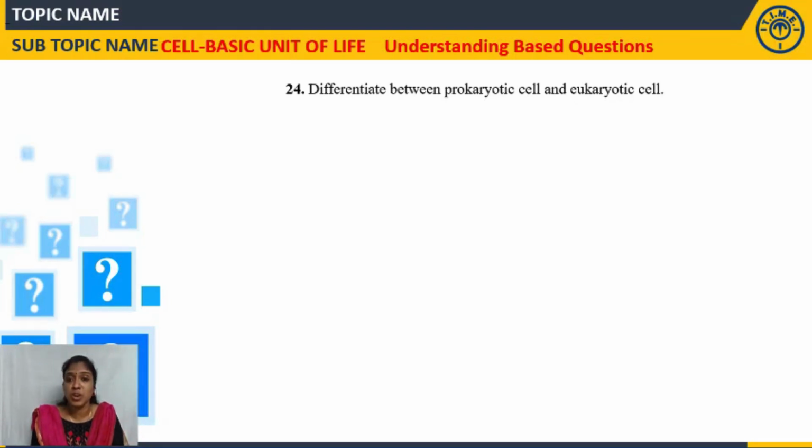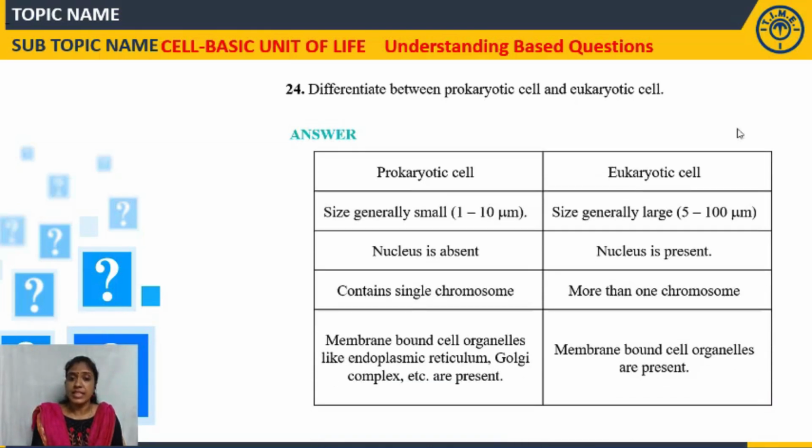Most probably the size of the prokaryotic organism is very small, about 1 micrometer in length, and the size of a eukaryotic cell will be a little larger, 5 to 10 micrometer. Okay, so we can check. Size in prokaryotes is generally 1 to 10 micrometer, and in eukaryotes 5 to 100 micrometer.